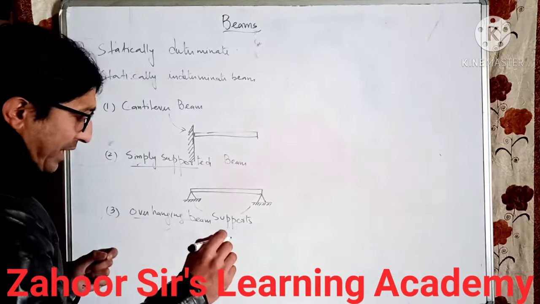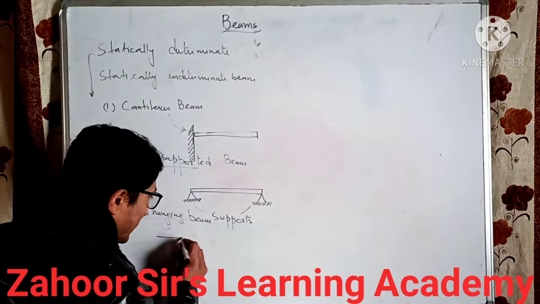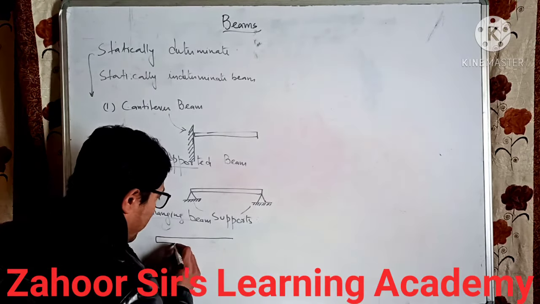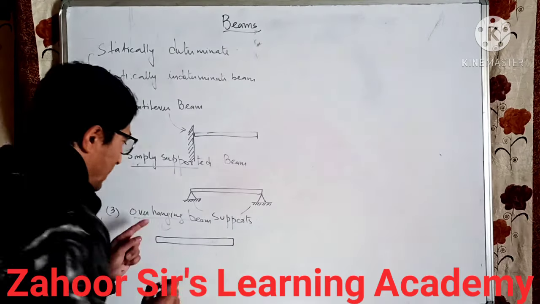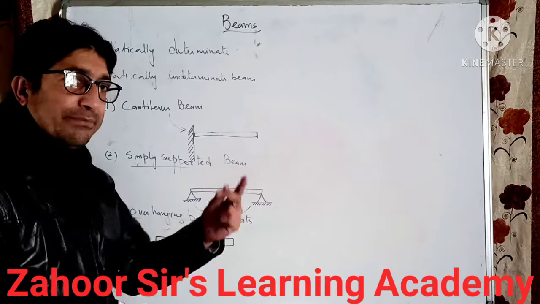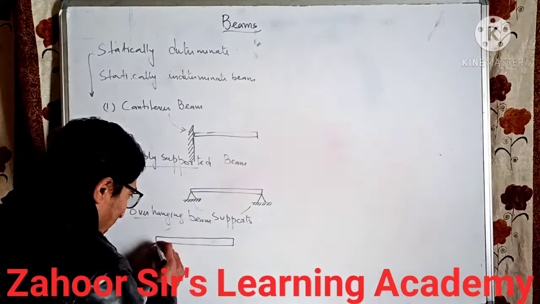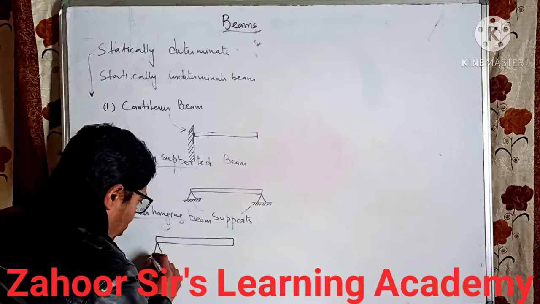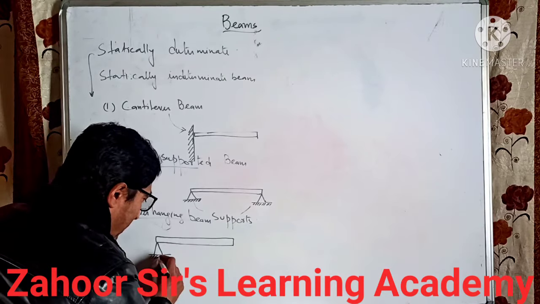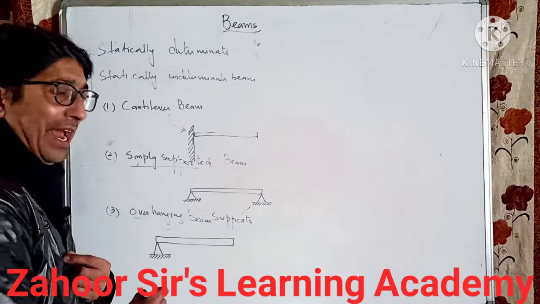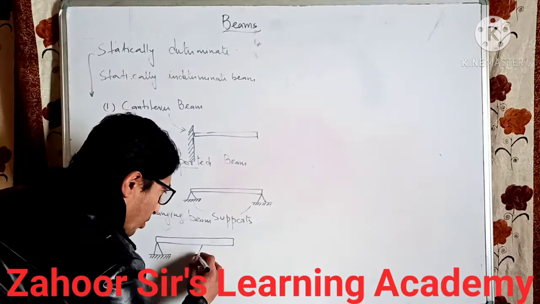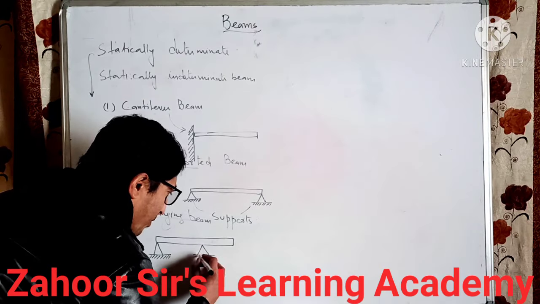So it could be like this. This is a beam. In an overhanging beam, there are two conditions. One end is on the support, like this, and the other support is somewhere away from the other end.